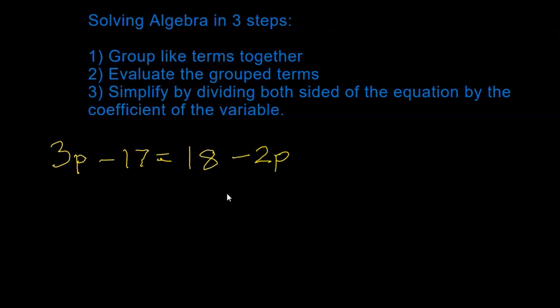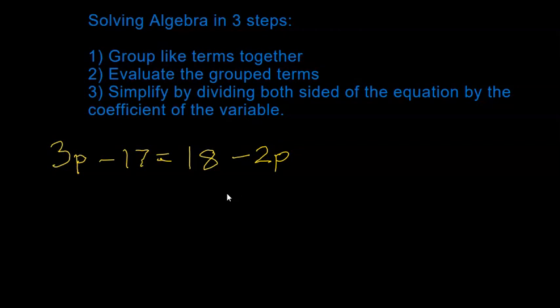Also, we note that each term travels with a sign in front of it, right? So this term is actually minus 17. This is minus 2p. We got plus 18 plus 3p. All right. So step 1, group like terms together.